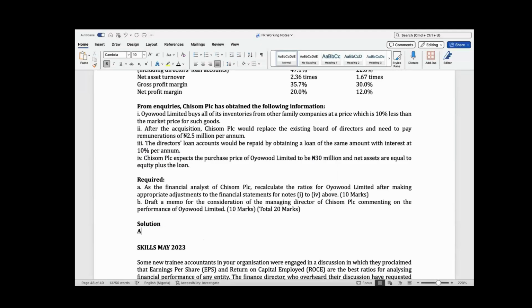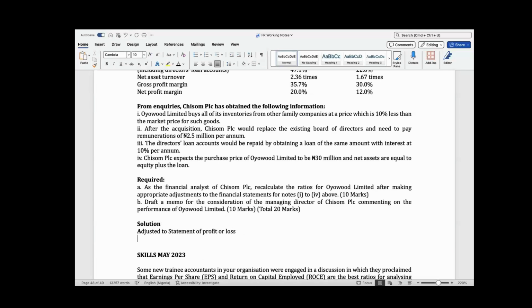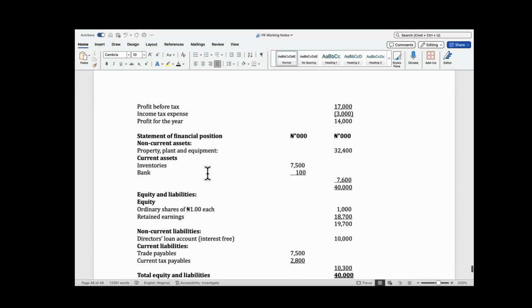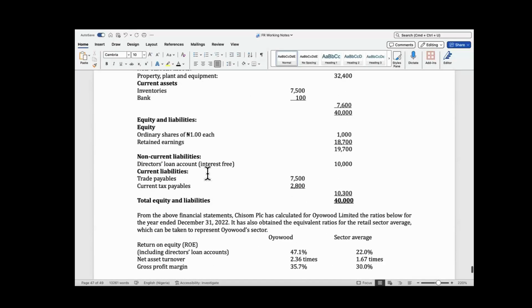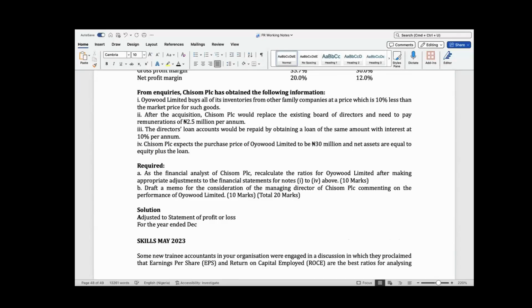Okay, so for this one, we need to make adjustments to the financial statements for Oyo Wood. Adjustment to statement of profit or loss, adjusted, for the year ended December 31st, 2022.